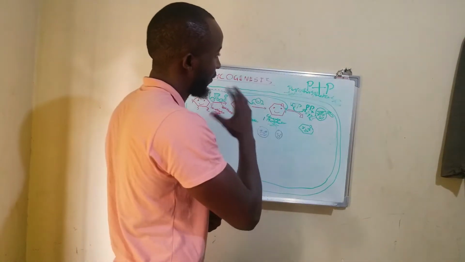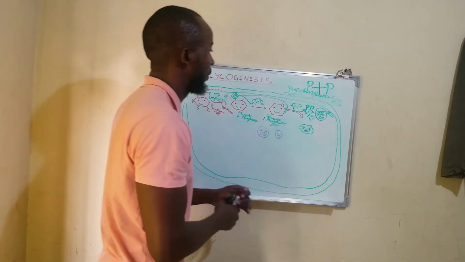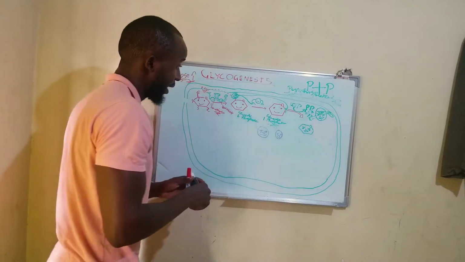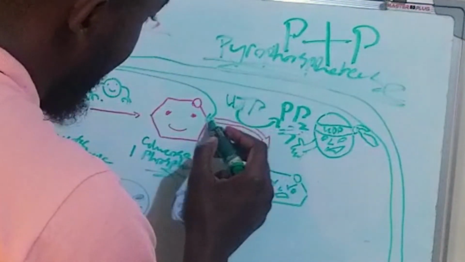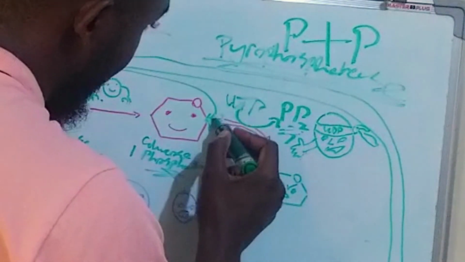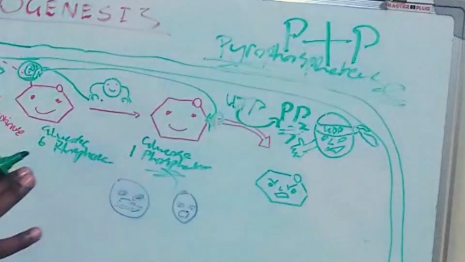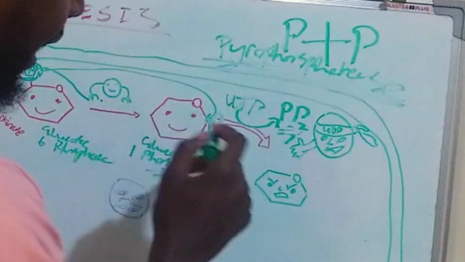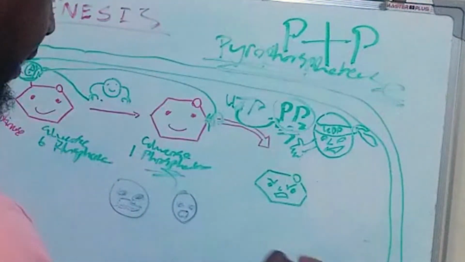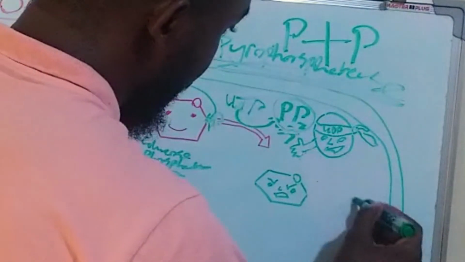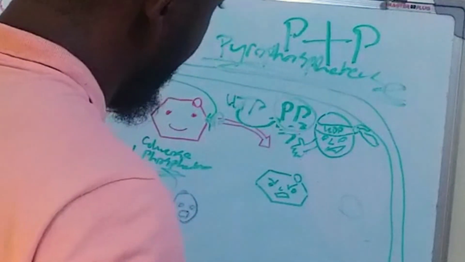So again, we have pyrophosphate, and now what are we going to be left with? Again, remember, at carbon number 1, there's a phosphate attached here, right? Simple. UTP has lost 2 phosphate molecules. What remains here is, sorry, let me use a different color.